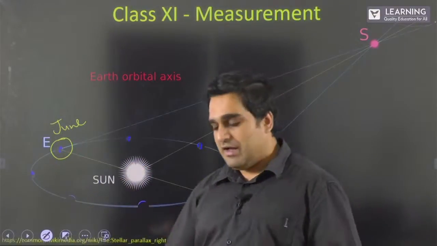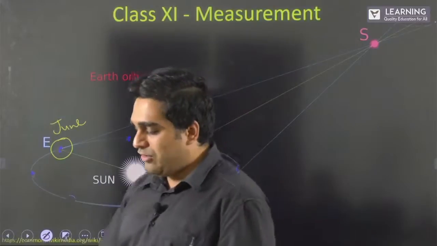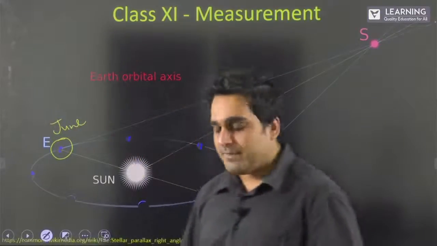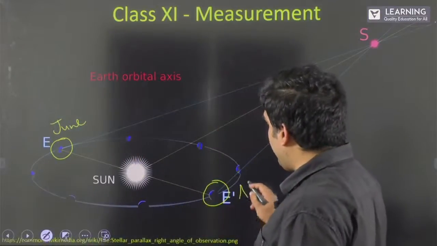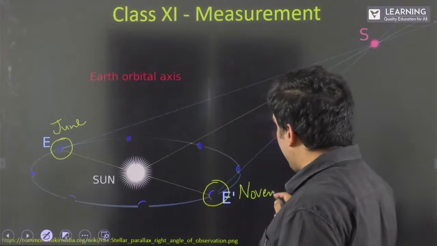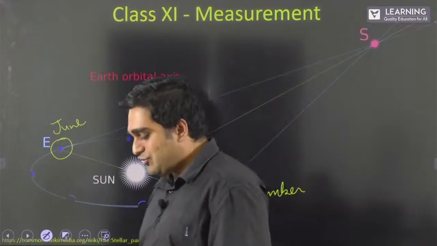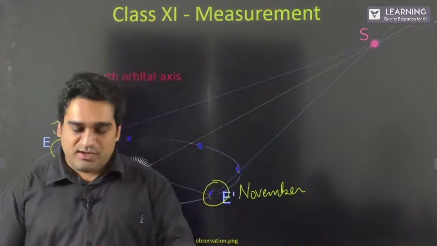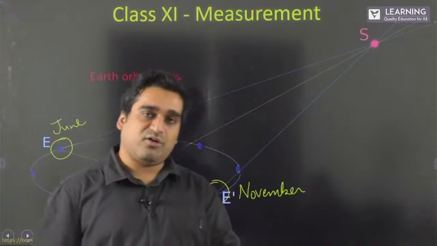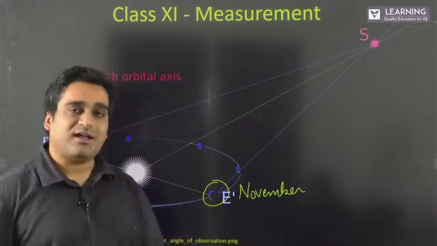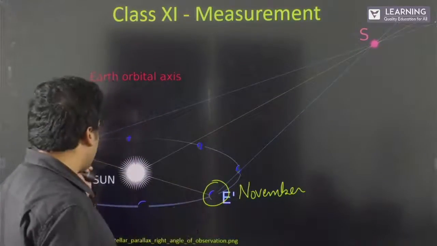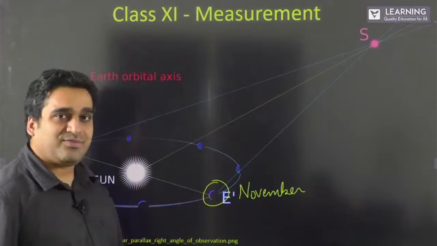June, July, August, September, October, November. Okay, so in the month of November, if you are wondering which months you make an observation, June you make one, then July, August, September, October, November, you make another measurement so that they are in opposite positions.